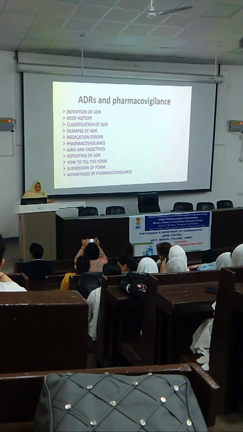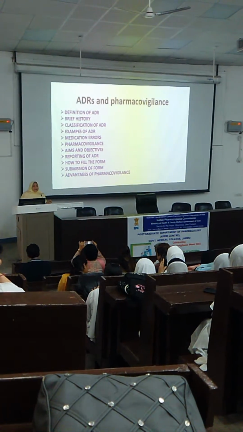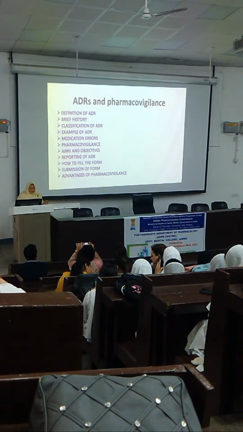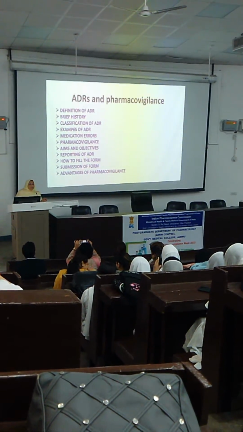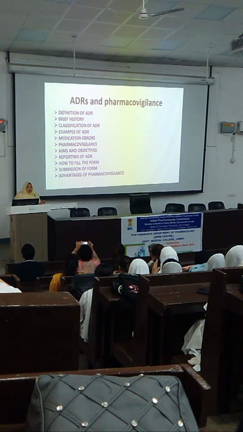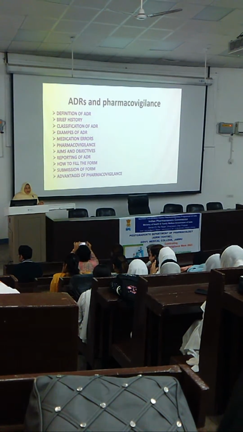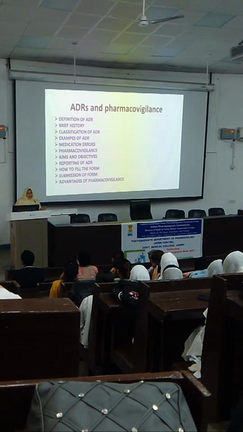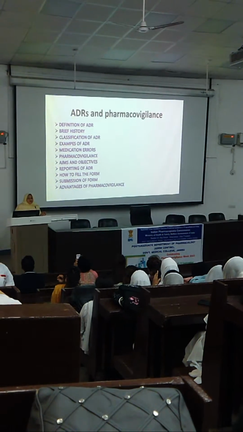What is pharmacovigilance? What are the aims and objectives of pharmacovigilance? How we can report an ADR, how to fill the ADR form, how we can submit the ADR form, and what are the advantages of pharmacovigilance.